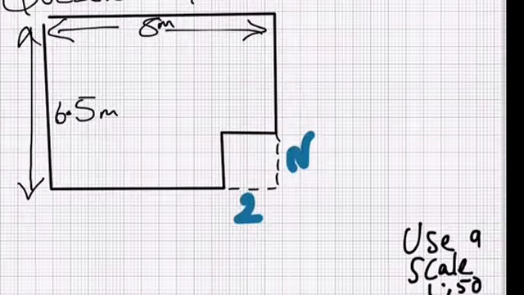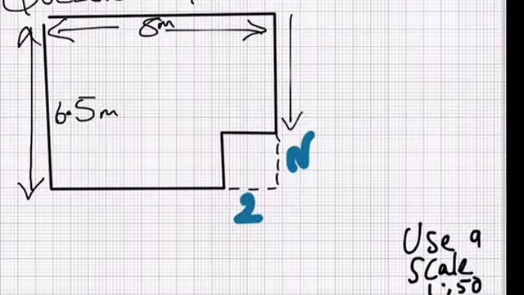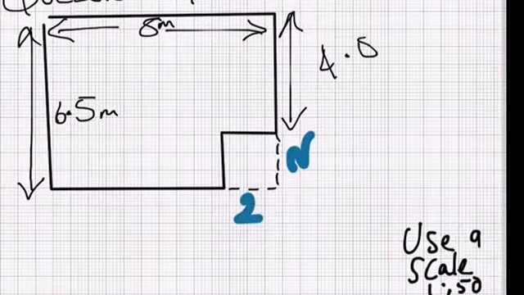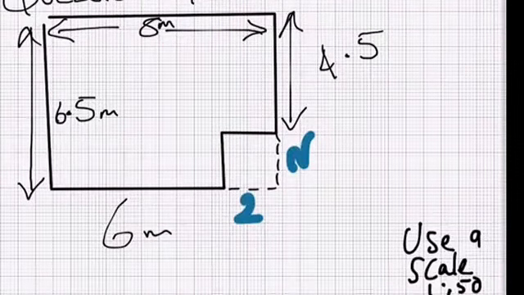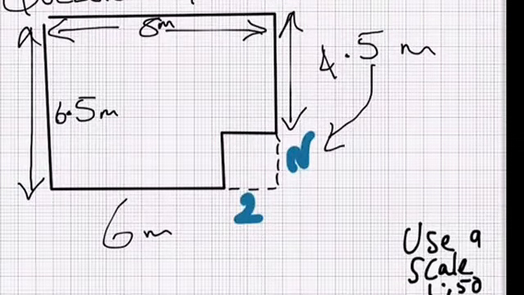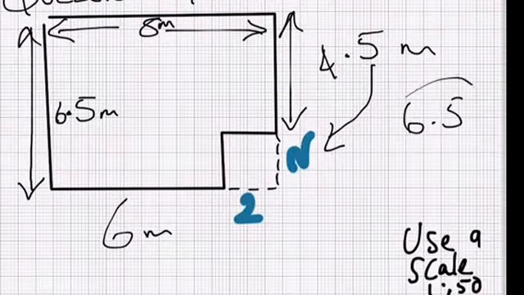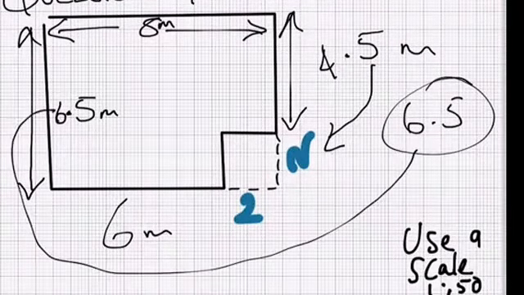Okay, if you look at that again, on the diagram they gave 4.5 here, and they gave 6 meters here. And when you add the extra 2, the 4.5 plus the 2 gives you 6.5, which is what we have here.